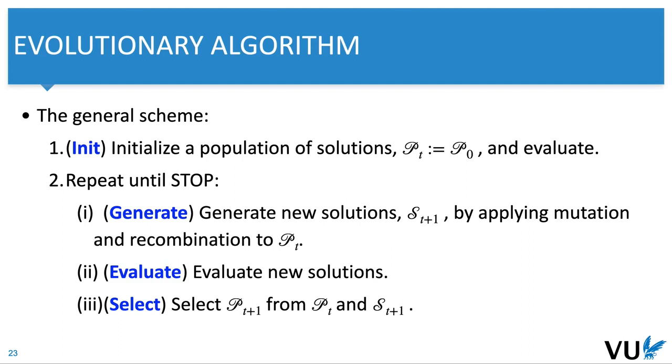We apply them to our current population. That's how we generate new solutions. We evaluate these new solutions, and then in the end, we select a new population using our old population and new solutions. Sometimes, of course, you can disregard the whole old population, but these are specifics. This is, again, a general template of an algorithm. If you write an algorithm, I would highly suggest to just take a look at this scheme and follow it, all right? And then you just fill in the missing parts, so your specific mutation, specific recombination, and so on.